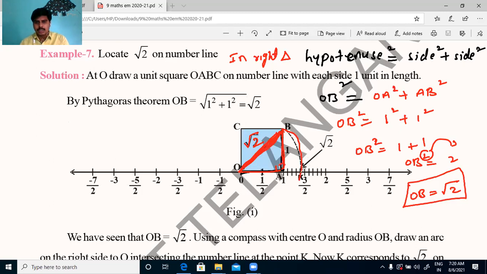Okay. It touches here. This point is nothing but root 2, which is our required representation. Nana. Okay. You get that? If anybody is having a doubt, you can raise it and we'll try to give a clarification.